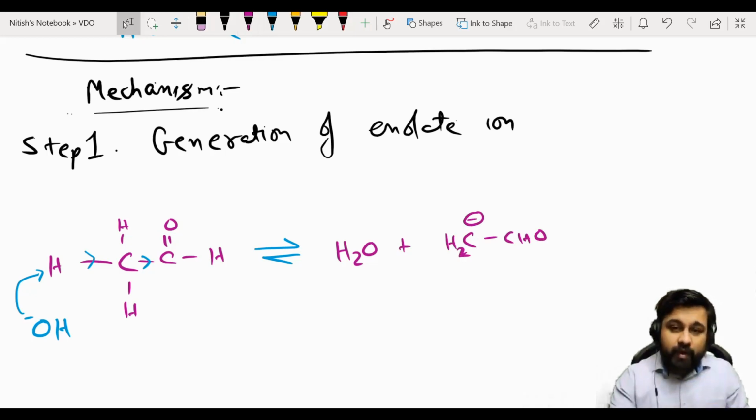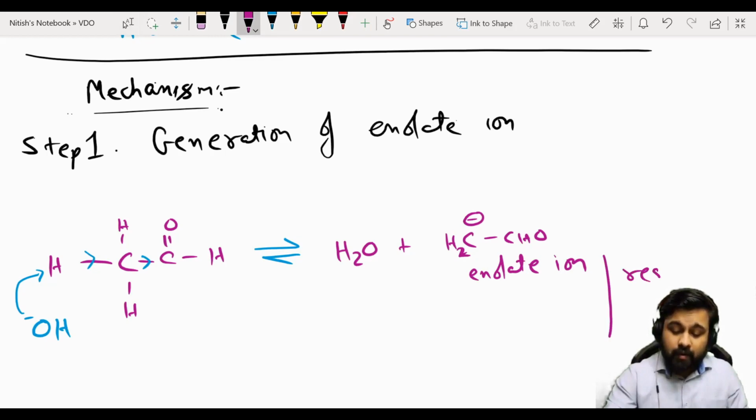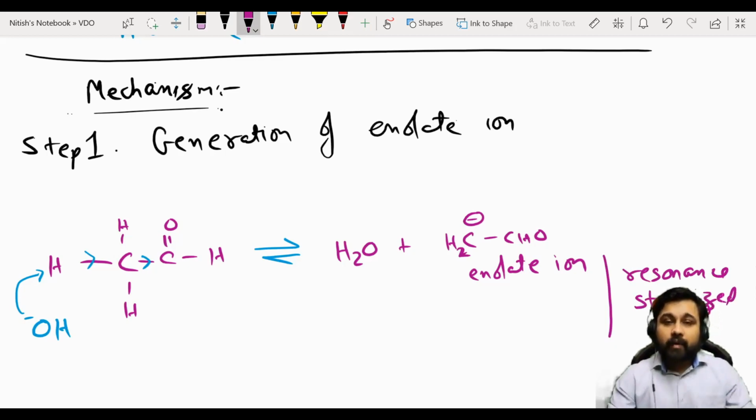So CH2 negative CHO is called the enolate ion. This enolate ion is resonance stabilized. The formation of this enolate ion is also driven by the fact that it is resonance stabilized.